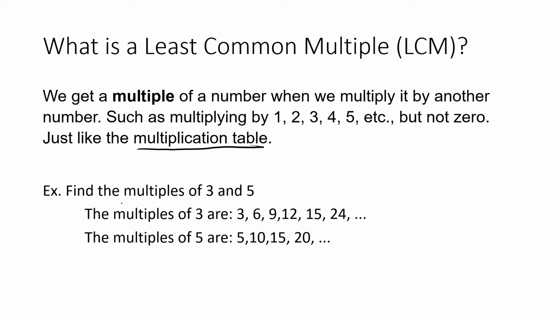What do I mean by that? Well, find the multiples of 3 and 5. The multiples of 3 are 3, 6, 9, 12, 15, 18, 21, 24, 27, 30, and so forth. Multiples of 5 are 5, 10, 15, 20, 25, 30, 35, 40. Kind of get it? That's the multiplication table.